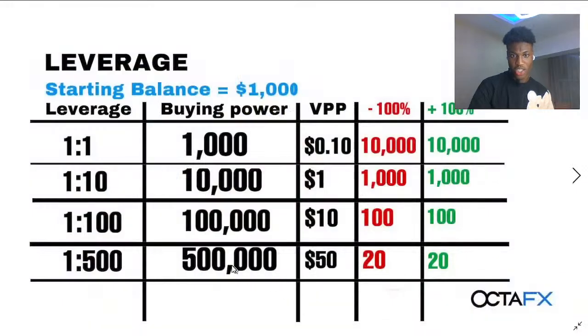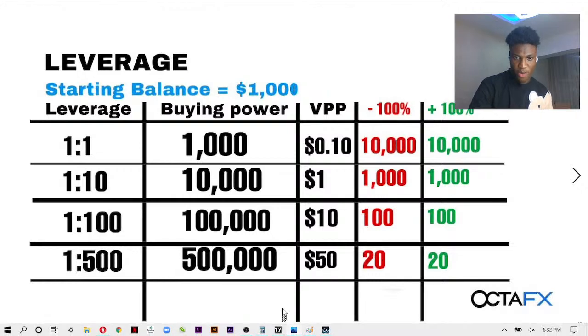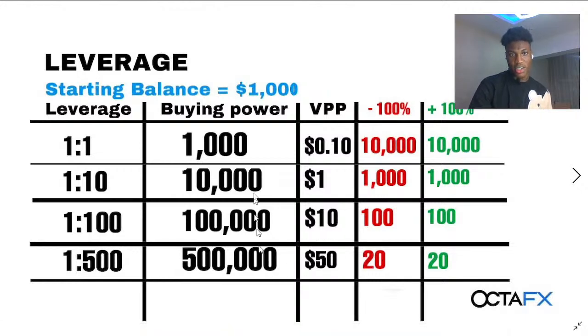Now this is where traders make a lot of mistakes. You're given the power to use high leverages like 1 to 100, 1 to 500. He has 500,000 in buying power. So he's like, okay, I have 500,000 in buying power, which means I can double my trading account per 20 pips. It's the same thing for the 1 to 100 and 1 to 500.